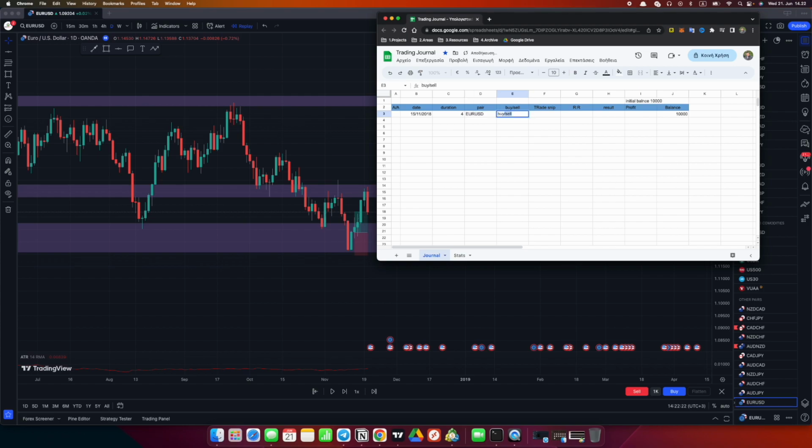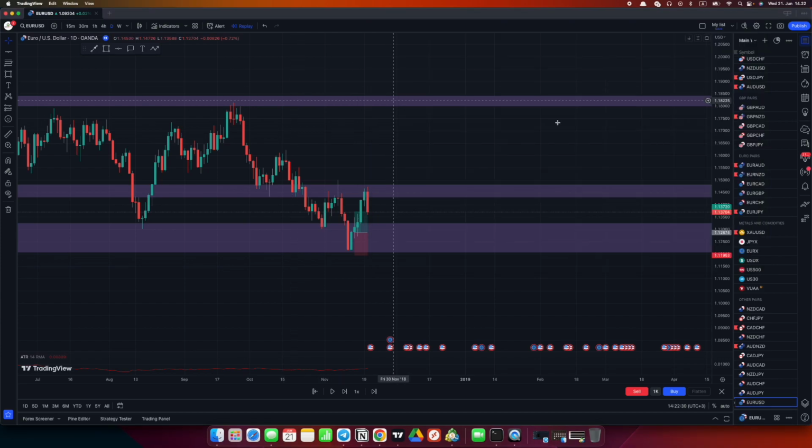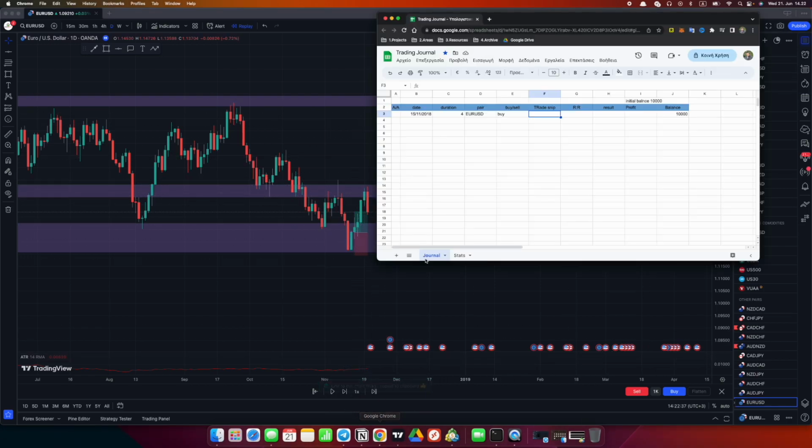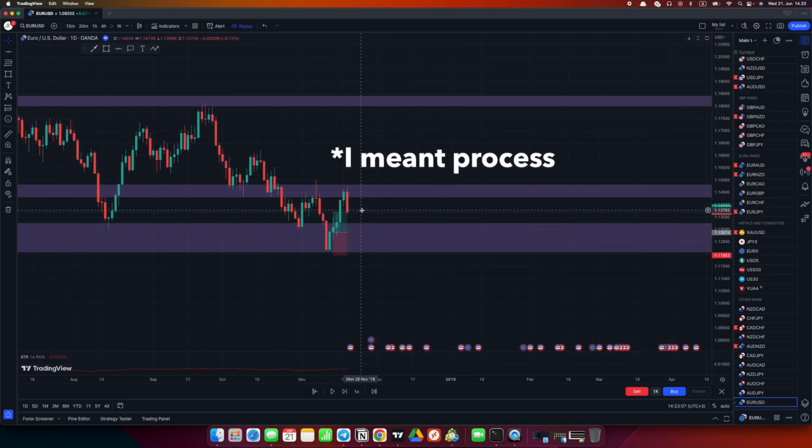It was a buy. A trading snip you can take by pressing the copy link from here in TradingView and pasting it there. The RR was 1 to 2 initially, but we closed at 1 to 1. Result was a win here, and there you go, and you repeat the process.